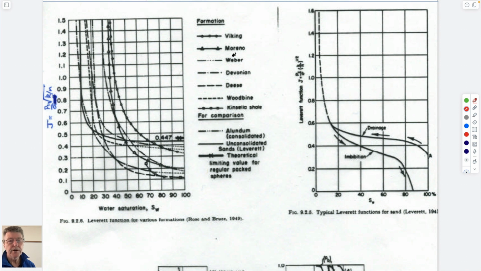Weber sandstone, Moreno, Viking sandstone, etc. So these all have different magnitudes of these capillary pressures, and if they're written in terms of this J function, they're not exactly equal to 0.3, which we had before, but they're not off it by very much. They're off it by a factor of perhaps 50% more, and maybe down to 1/3. So this span isn't very high.